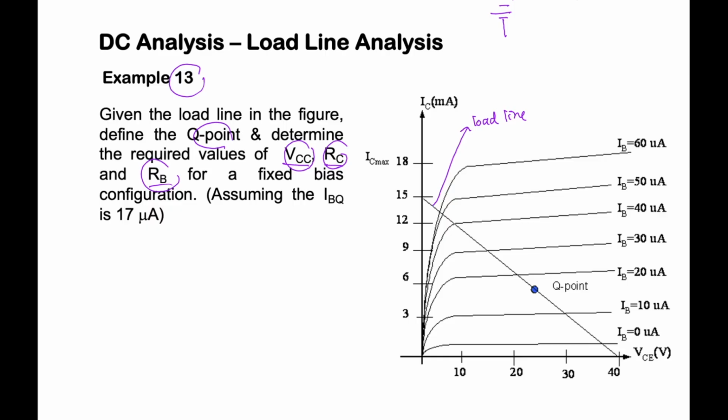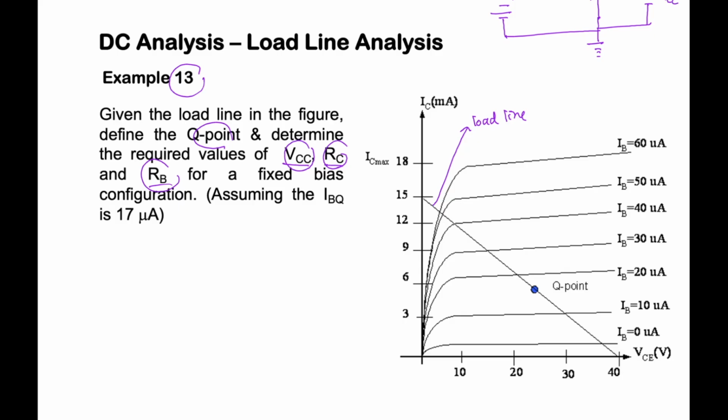RB usually goes to the base. At the emitter side we don't have any resistor, so the emitter will go to ground directly. Then we have RC, and then VCC here.